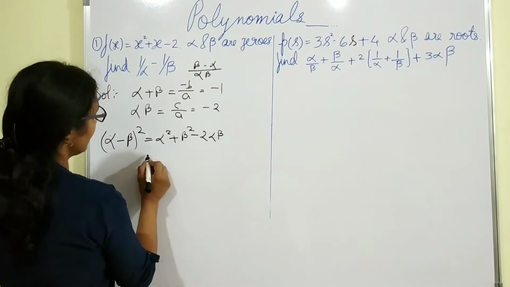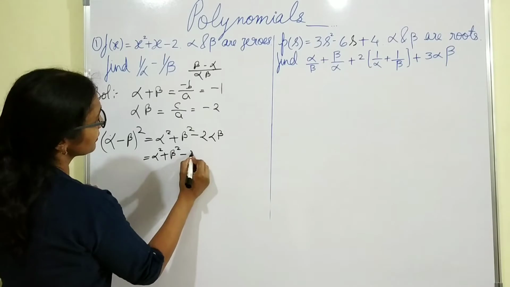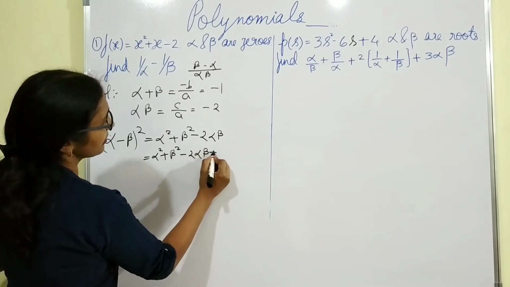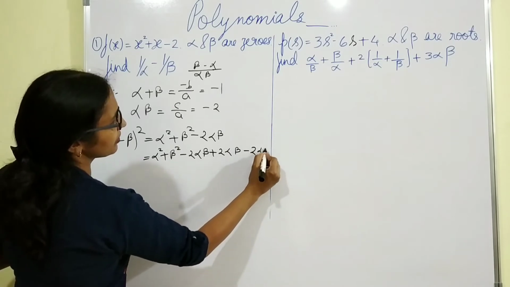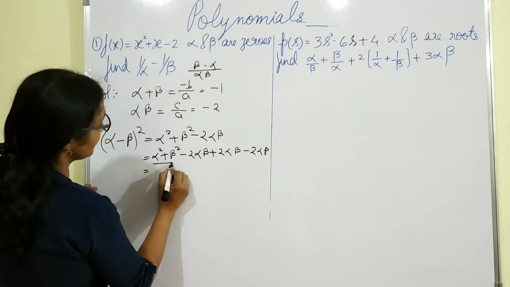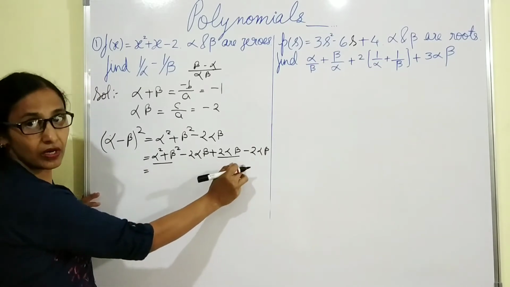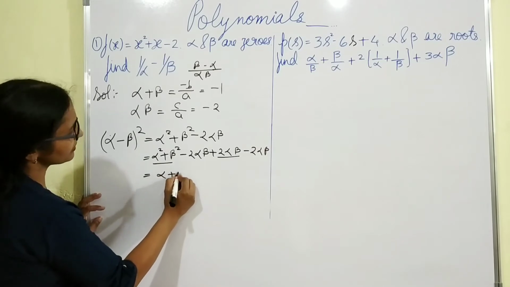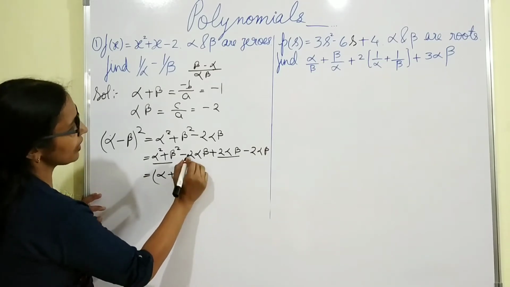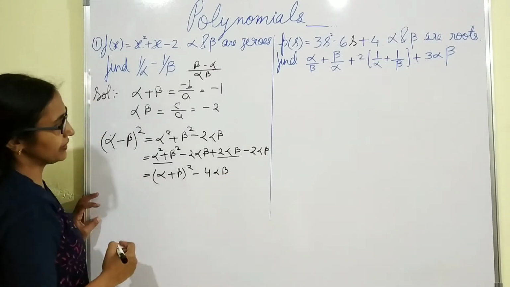Now, adding and subtracting 2 alpha beta. So, these two and this, alpha square plus beta square plus 2 alpha beta, it will become alpha plus beta whole square, and these two will become minus 4 alpha beta.